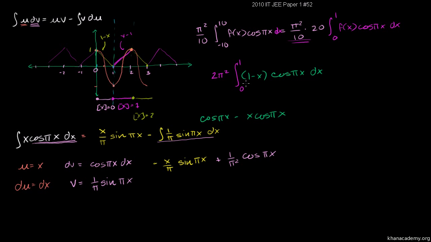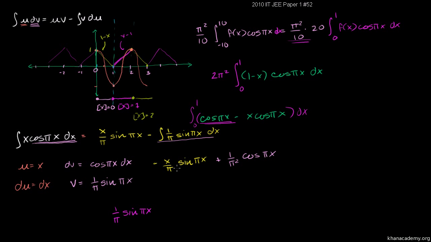And so if we want the antiderivative of this whole thing right over here, this is what we care about from 0 to 1 dx. The antiderivative of cosine pi x, pretty straightforward. We've actually already done it right over here. It is 1 over pi sine of pi x. That's this first term. And the antiderivative of x cosine pi x is this thing over here, but we're subtracting it.